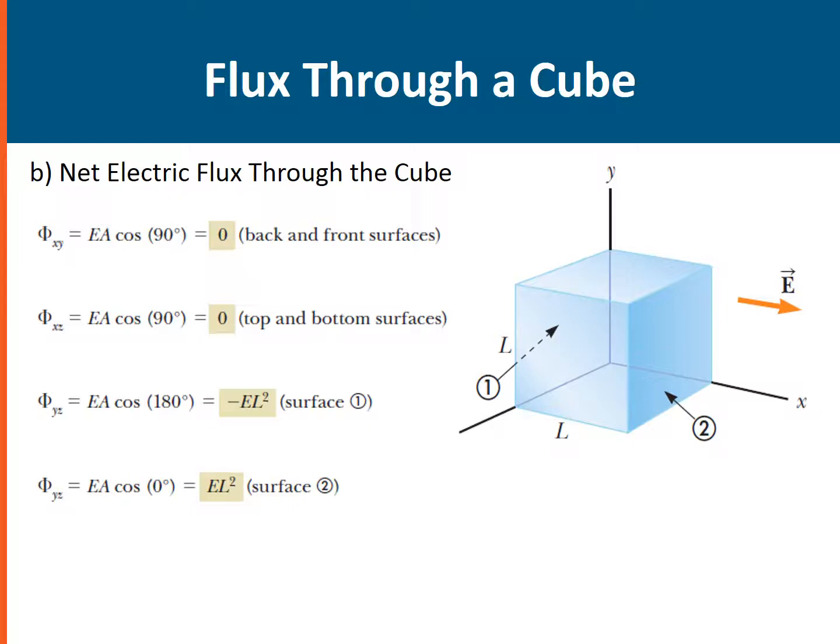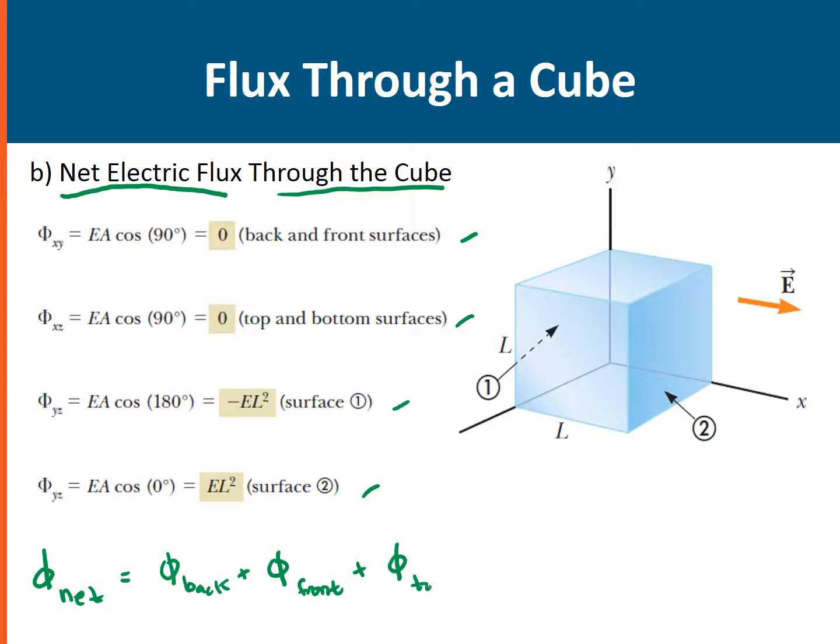Now that we have solved for the electric flux through all surfaces, we can solve for the net or total electric flux through the entire cube. The net electric flux is equal to the flux through the back surface plus the front surface plus the top surface plus the bottom surface, plus the flux through surface 1 plus the flux through surface 2.